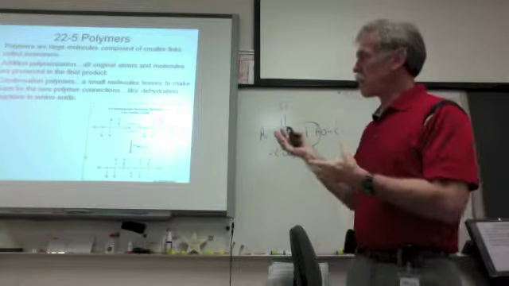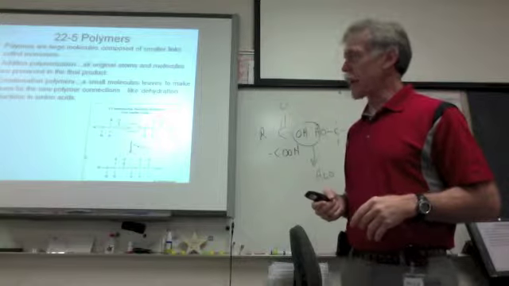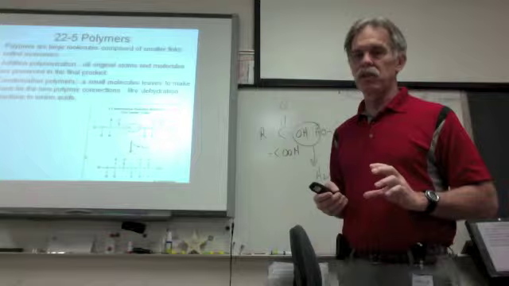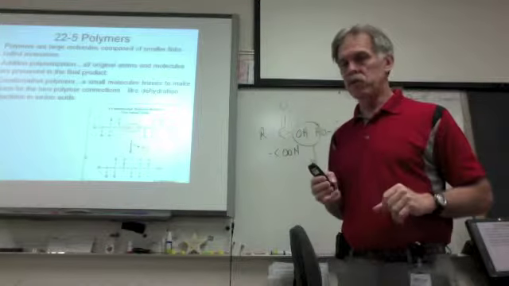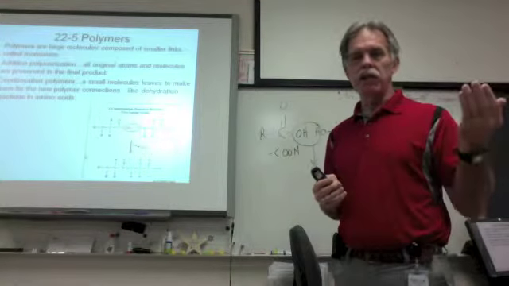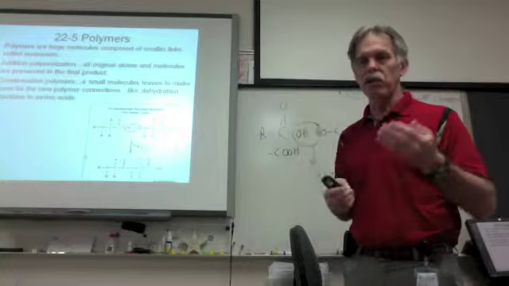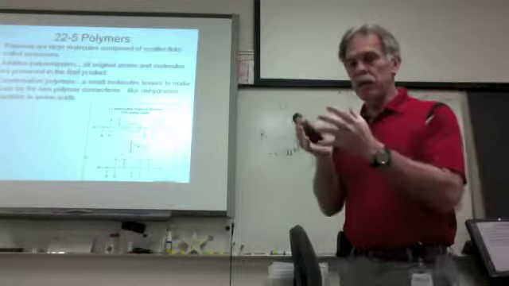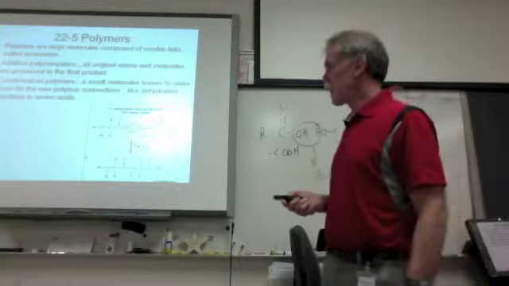A good example of a condensation reaction would be two amino acids. I am going to ask you to draw the general structure of an amino acid and label the functional groups, the amino group and the carboxylic acid group. You should also be able to show me a condensation reaction where they add together.